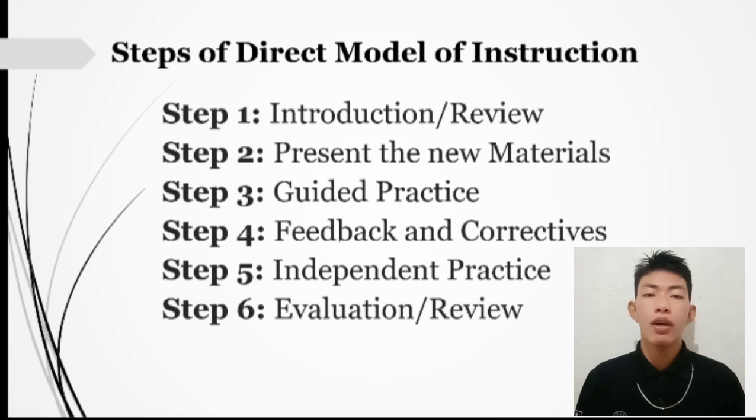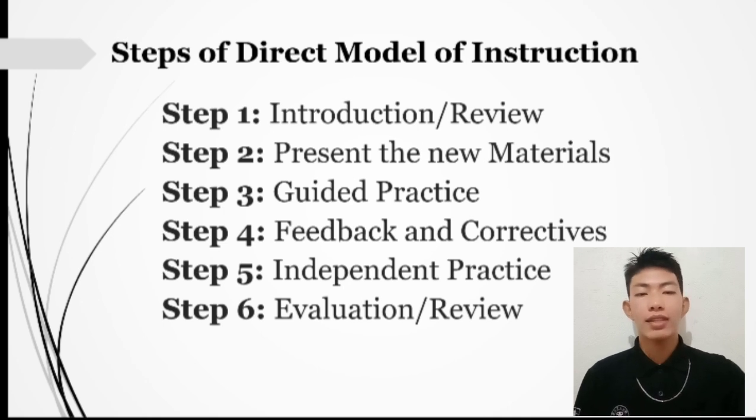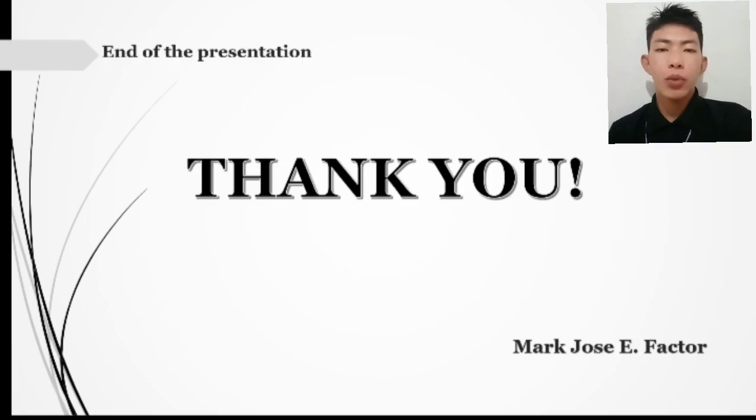Evaluation and review is about assessing the students' understanding of the specific topic. This will also give you the data to review and decide whether the lesson needs to be retaught or not. Those are the steps that we have to follow in the direct model of instruction.